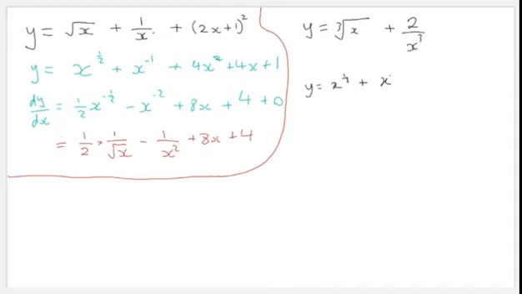Okay, so over here you've got 2 over x cubed. This can be expressed as 2 multiplied by 1 over x cubed.